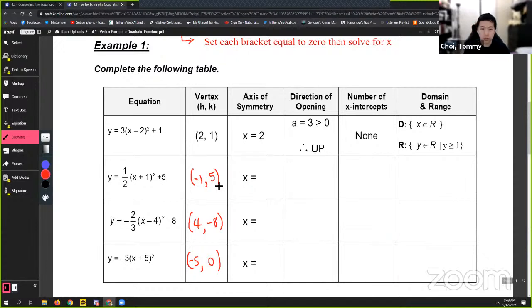That would be Joy. Joy, what is the axis of symmetry for this one here? This one here, sorry, in the second row.